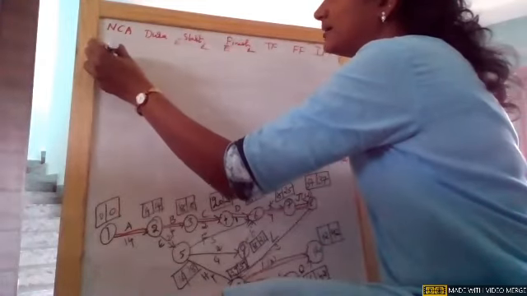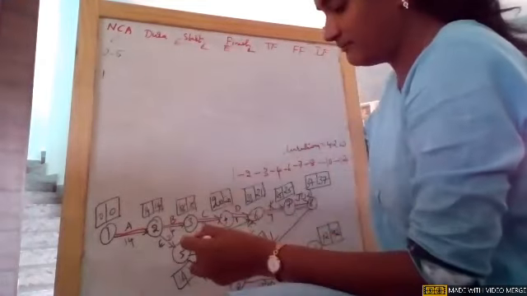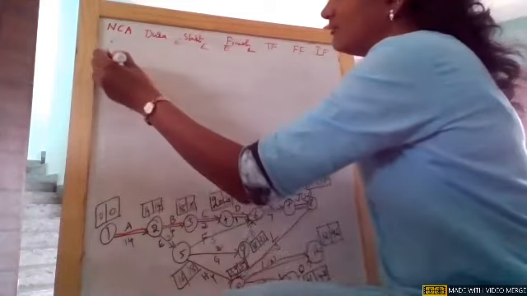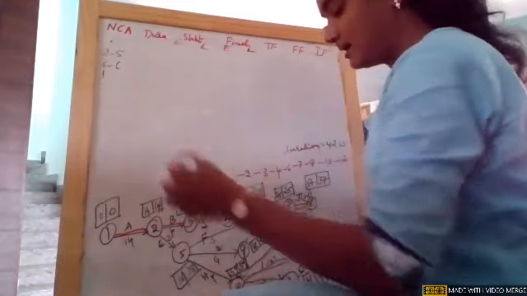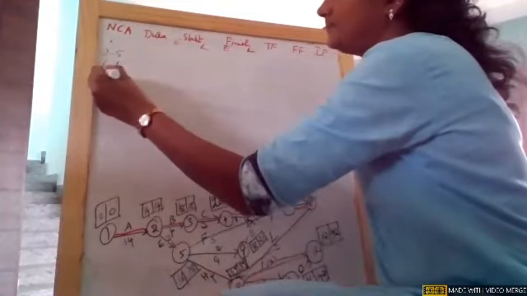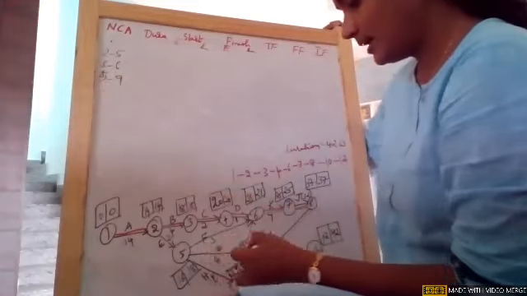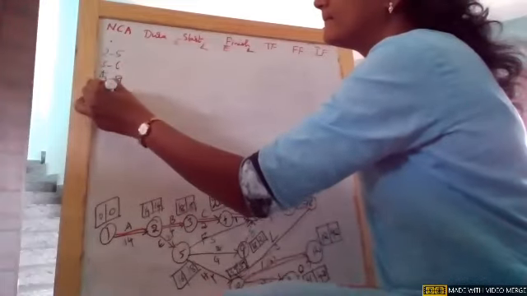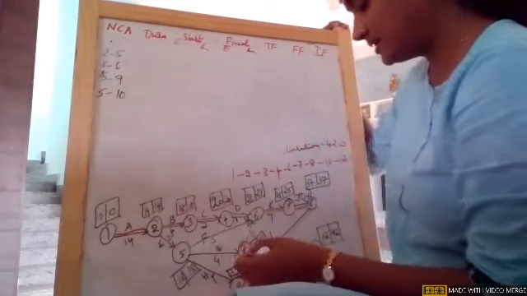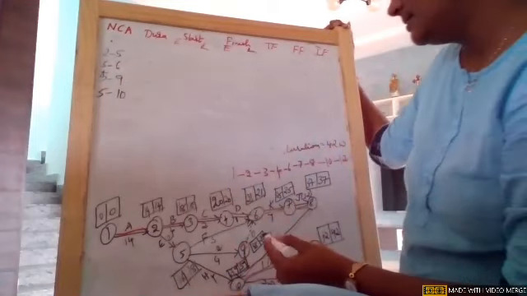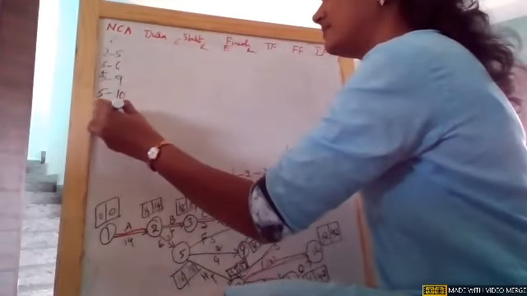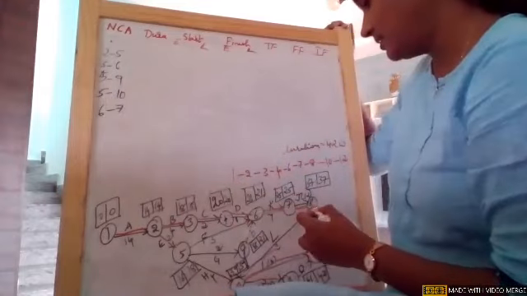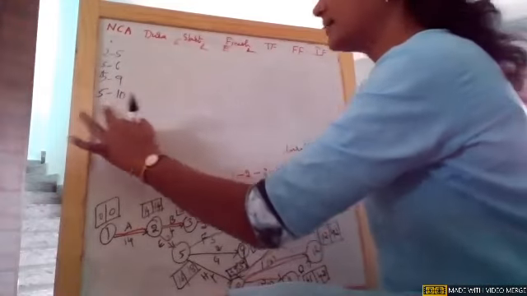Now the non-critical activities I'm marking: one is 2 to 5 and the other one is 5 to 6 and 5 to 9. Okay, and 5 to 10. That is one thing. And then comes 6 to 7. Sorry, 6 to 7 is the critical activity.